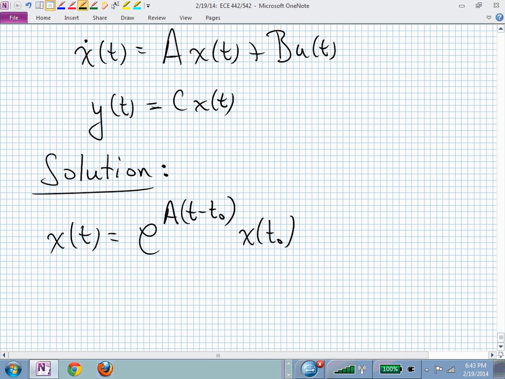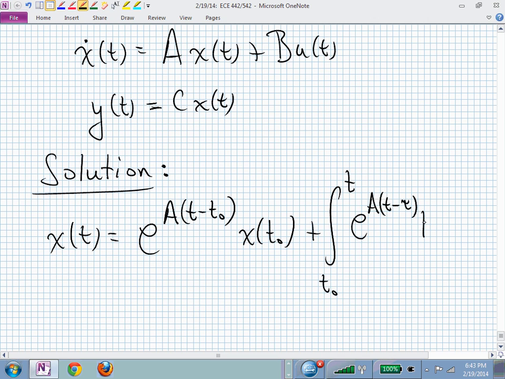So it's now plus this integral from the time that we started, which is t naught, up to the time that we're interested in, which is t, e to the A (t minus tau). Remember, we have to flip and slide. So we have this matrix exponential, e to the A sigma, and we have to make one of these arguments t minus tau.